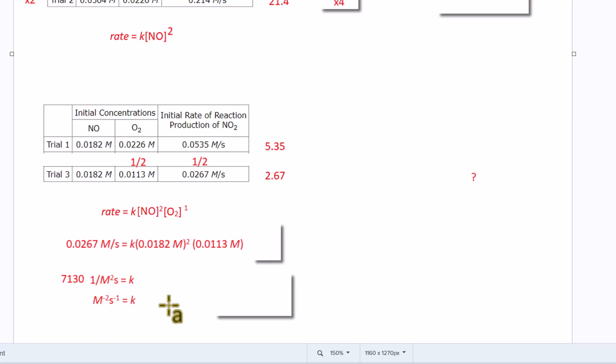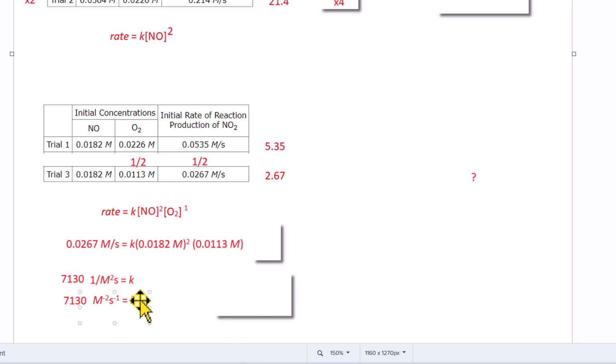And you can write it either one of these ways. I usually like to use exponents, so we will have our 7,130, and again, a weird unit, but it's one that works. If you then multiply this unit by K, you get molar per second as your final result.